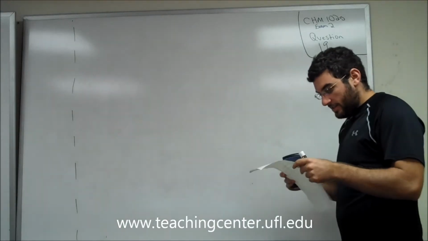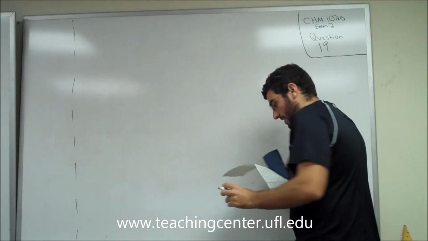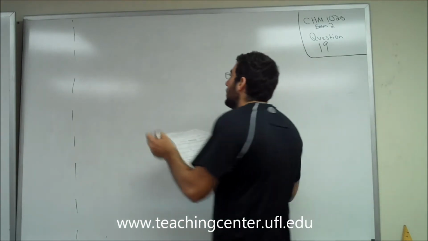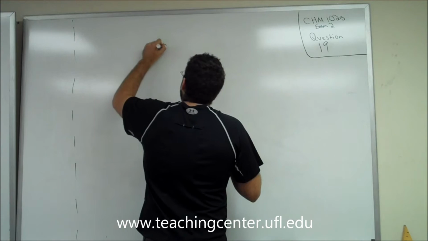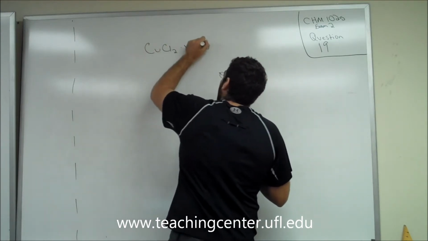Question number 19 is a little bit of a tricky question. It says a hydrate of copper(II) chloride has the following formula: CuCl2 times X H2O.